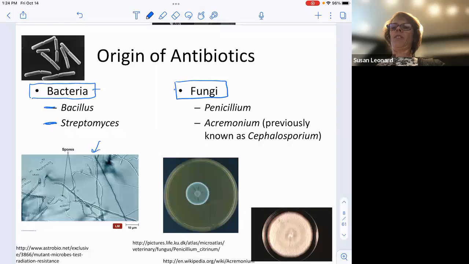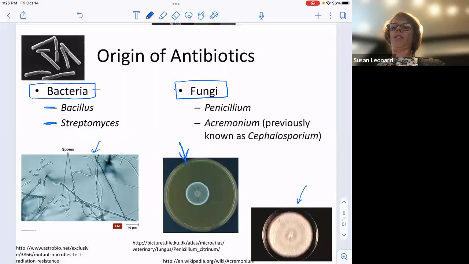Okay, so Bacillus subtilis, that's an organism that you probably have on the bottom of your shoe right now if you've walked outside today. Soil organisms, of course, the most famous fungi, the penicillium mold, that's what's pictured here. It usually has kind of a greenish tinge to it. And then this is an acremonium mold that used to be known as cephalosporium.